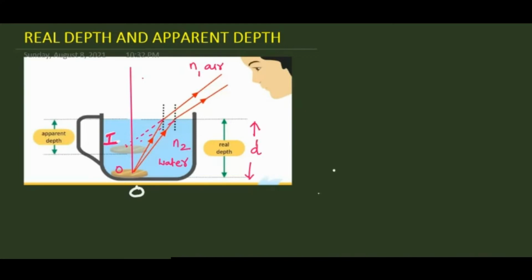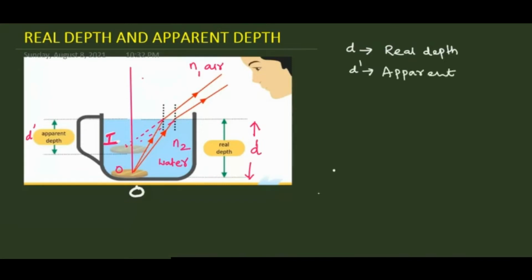Please remember this: real depth is denoted by D, and apparent depth is denoted by D dash. D means real depth, and D dash means apparent depth.